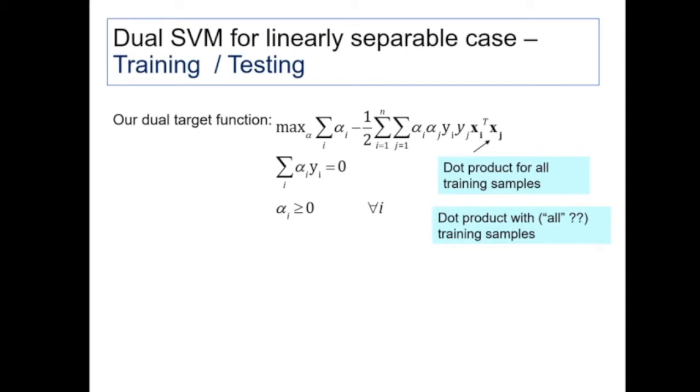I'm trying to maximize in terms of alpha now. There are n different parameters, alpha 1, alpha 2, until alpha n, that I'm trying to learn to fit my training data.